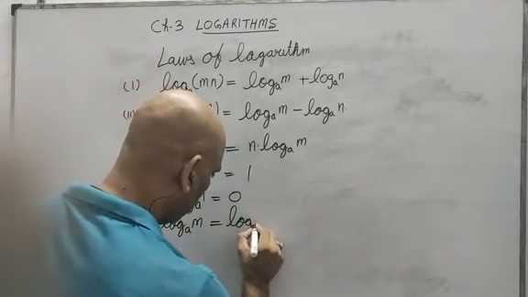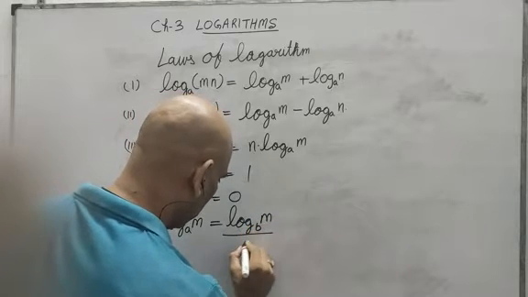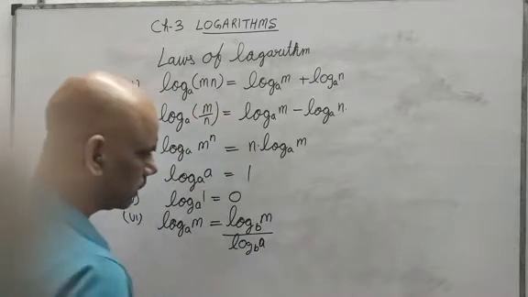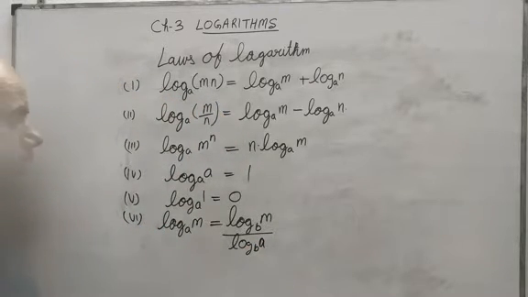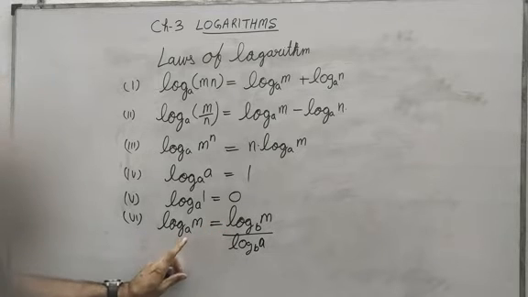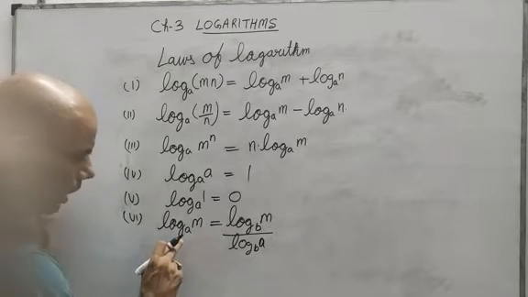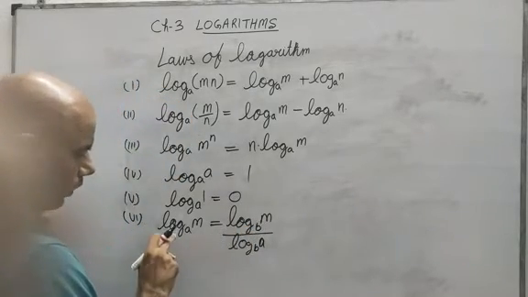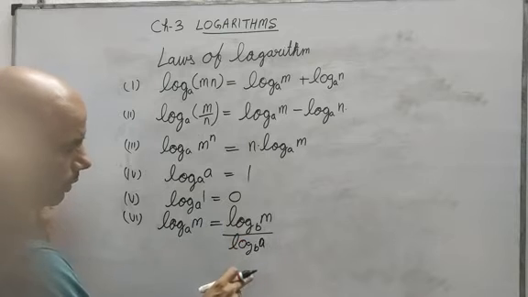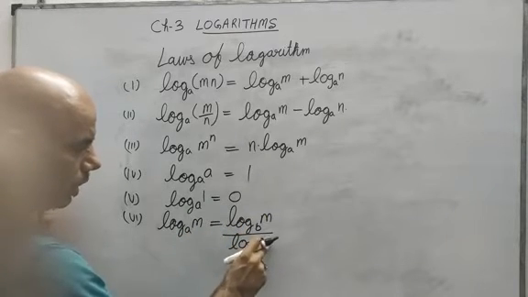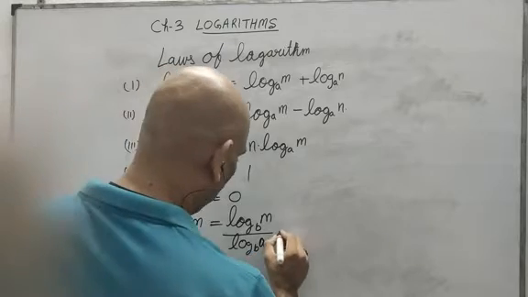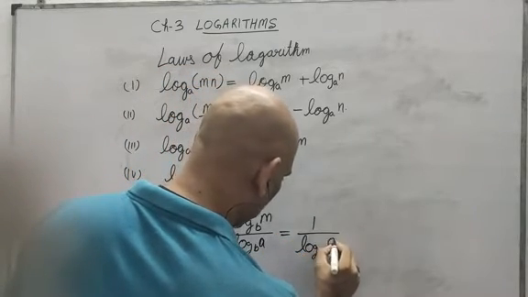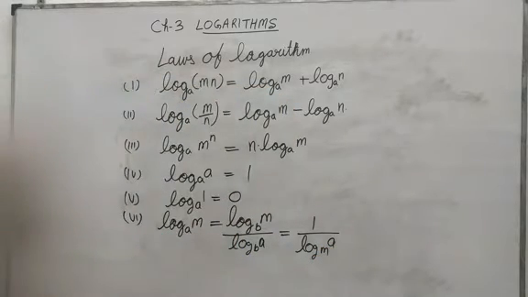We will take a new base B: log m base B upon log A base B. Look, earlier the base was A, now the base has become B. So if we want to change the base, we will have to write it in such a manner: log m base B over log A base B. It can also be changed in another way: log A base m is the reciprocal of it.